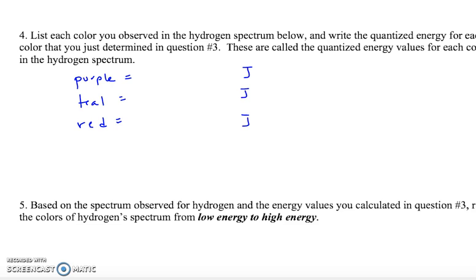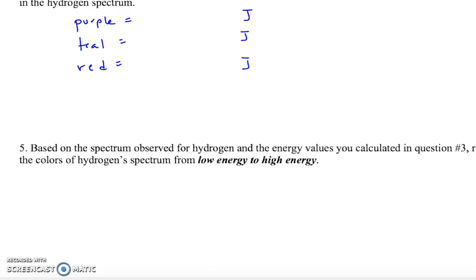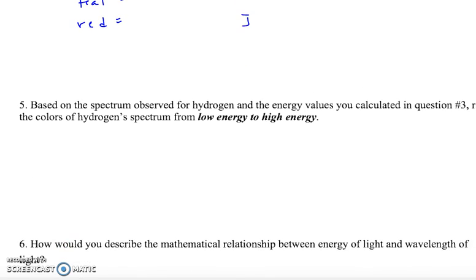So this question is really just summarizing the answers that you got in question number 3. There's no calculation here. But now for question number 5, you're going to take those energies you just summarized in question number 4 and rank them from low energy to high energy.